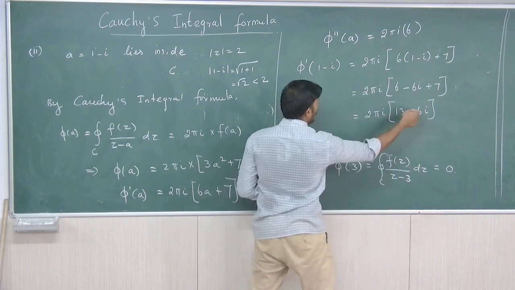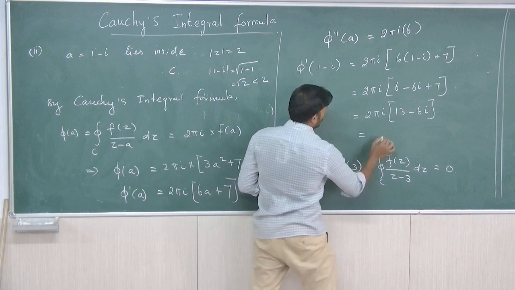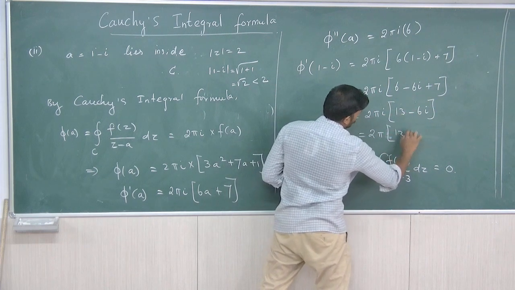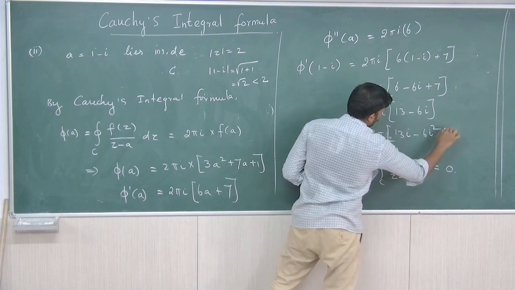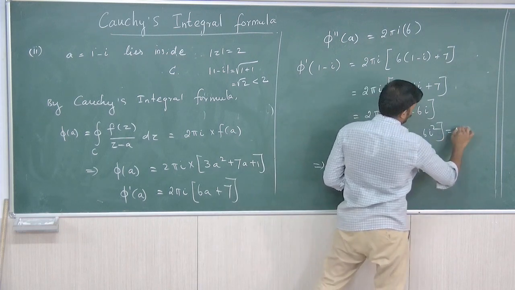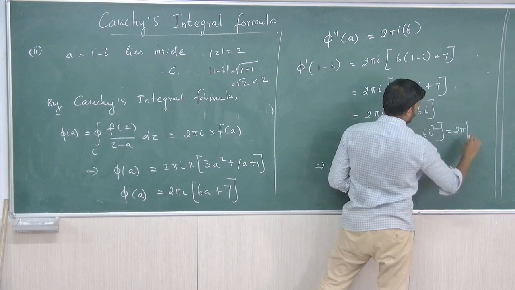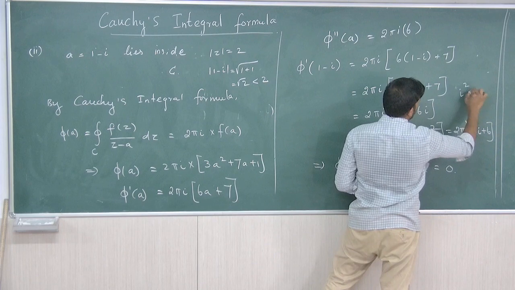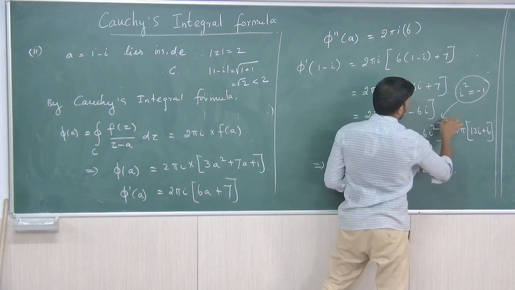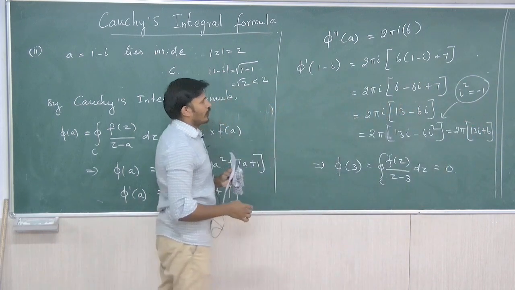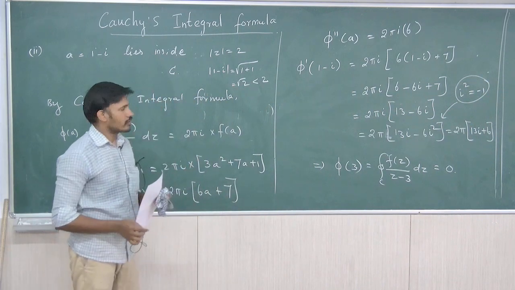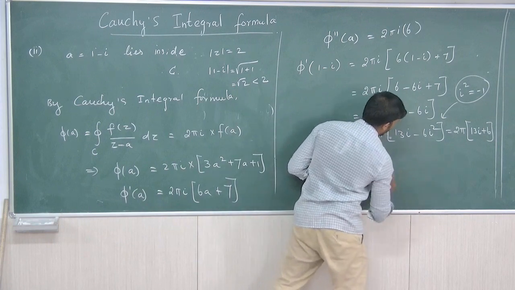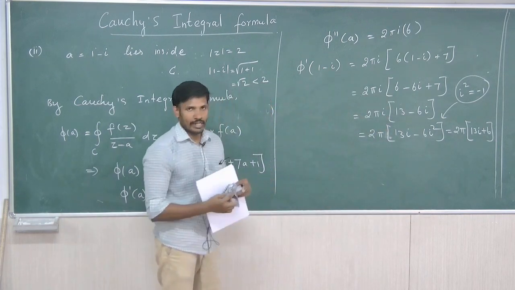If you multiply I inside the bracket, you may get 2 pi into 13I minus 6I square, which is equal to 2 pi into 13I plus 6. I square is nothing but minus 1, so I have replaced I square by minus 1, you may get plus 6. So from that you may get phi dash of 1 minus I.